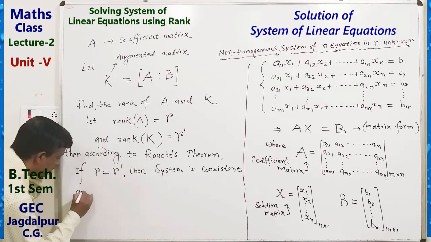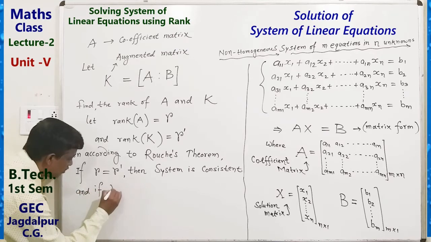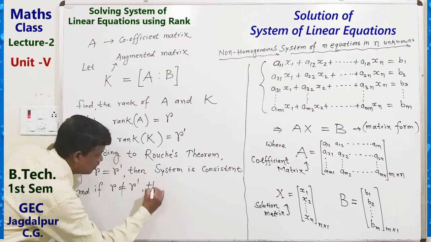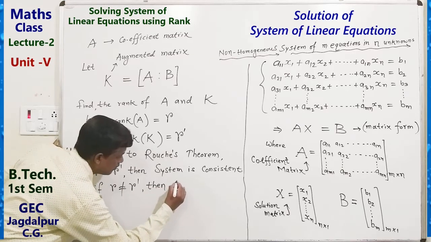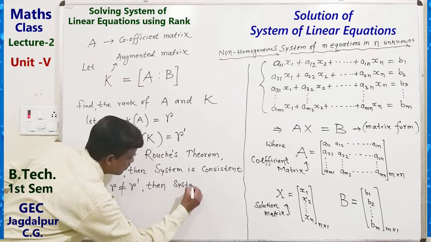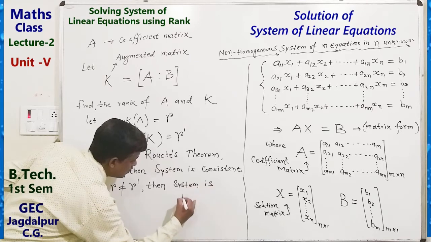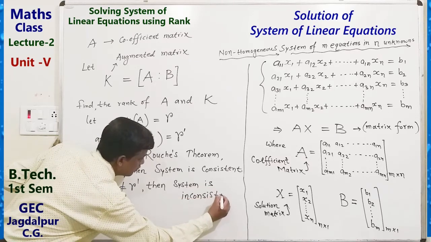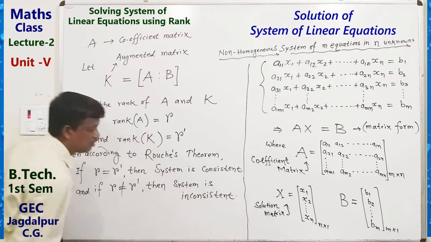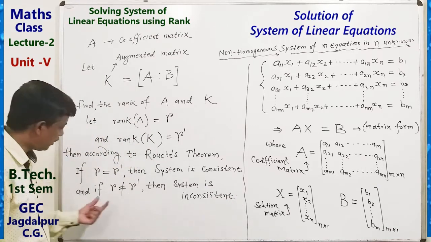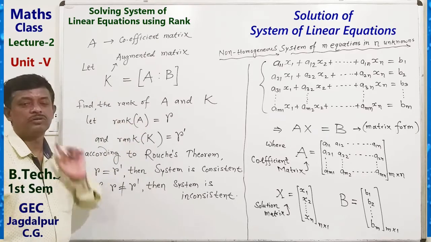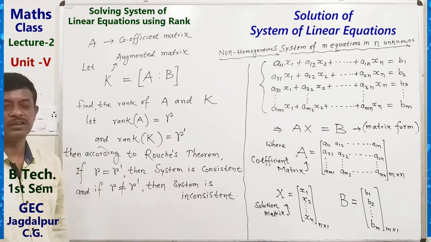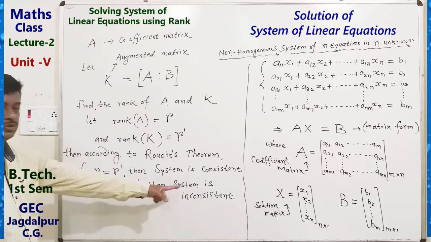And if R is not equal to R dash, then the system is inconsistent. Inconsistent means no solution. If the ranks of these two are different, not equal, then inconsistent, no solution.